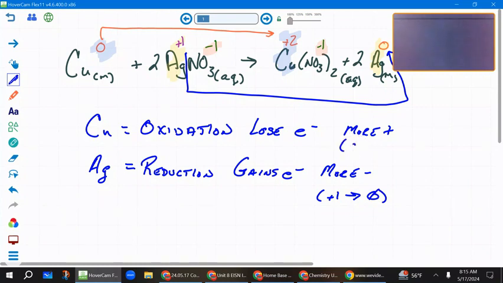Copper went from 0 to +2. That is what I mean when we say we can identify what is oxidized and what is reduced in a chemical reaction. By finding out which one loses electrons and becomes more positive, that one undergoes oxidation. By finding out which one gains electrons and becomes more negative, that is the one that undergoes reduction.